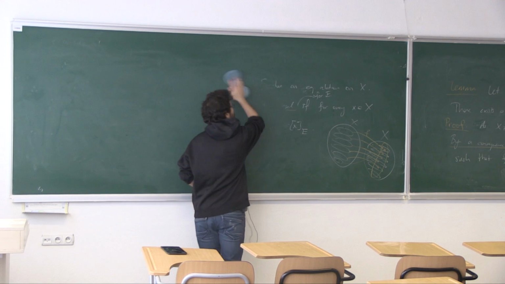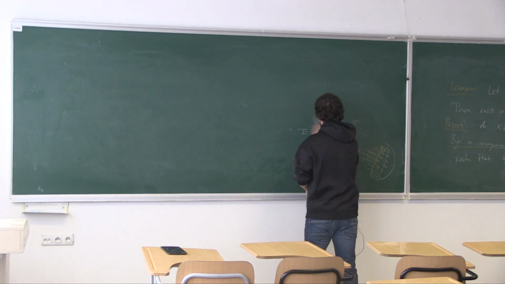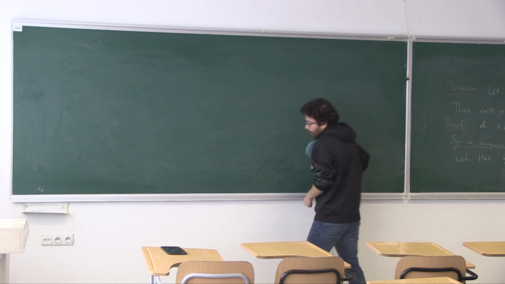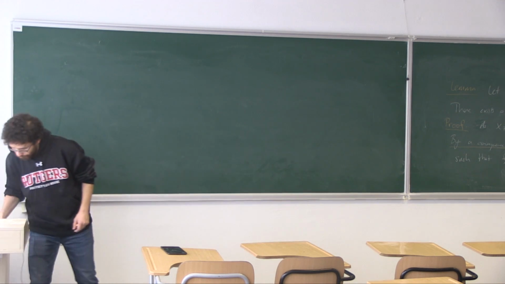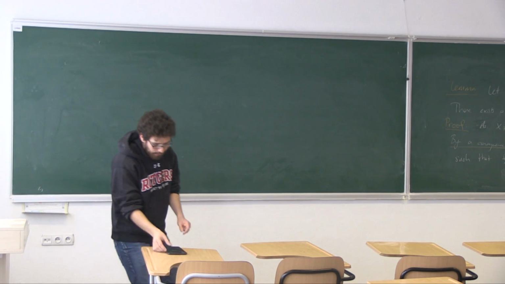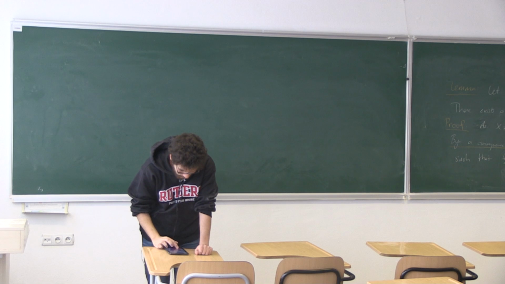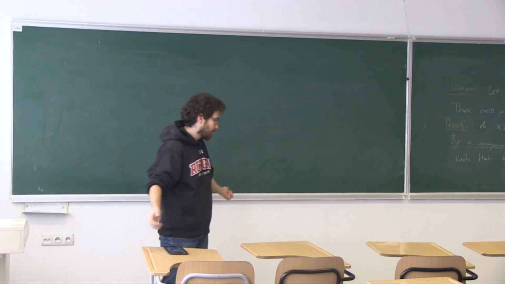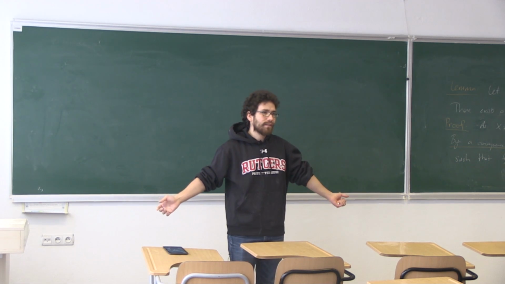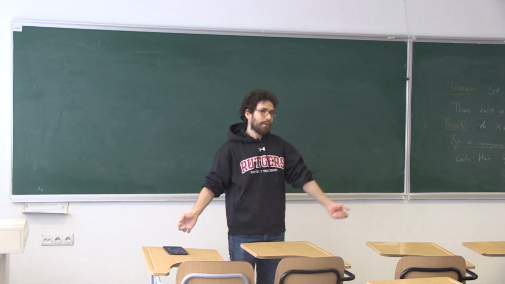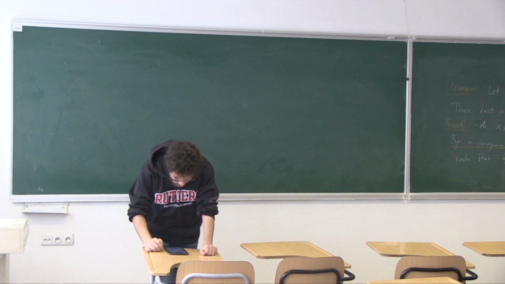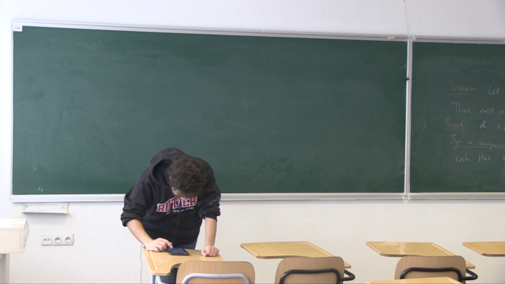Namely, there are equivalence relations without transversals. Now, why is the existence of transversals important? Because, as I already explained, they're used a lot in practice. And sometimes they do magical things, one of which we're going to see in a second.